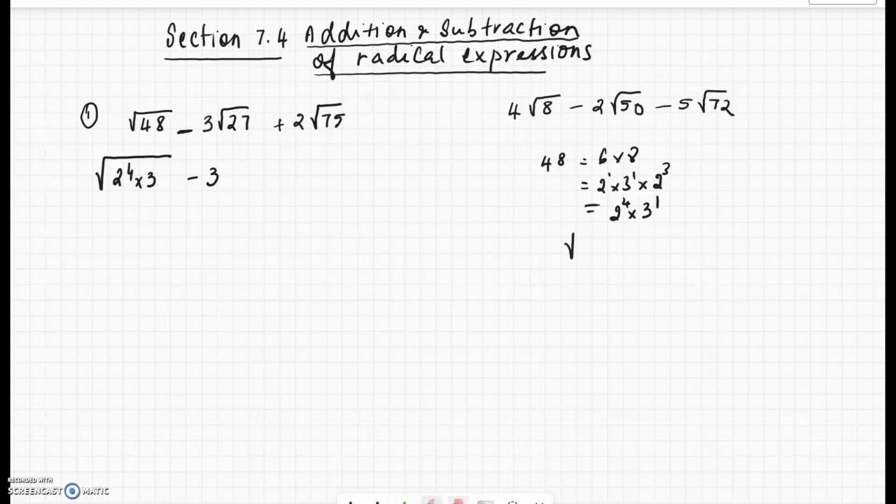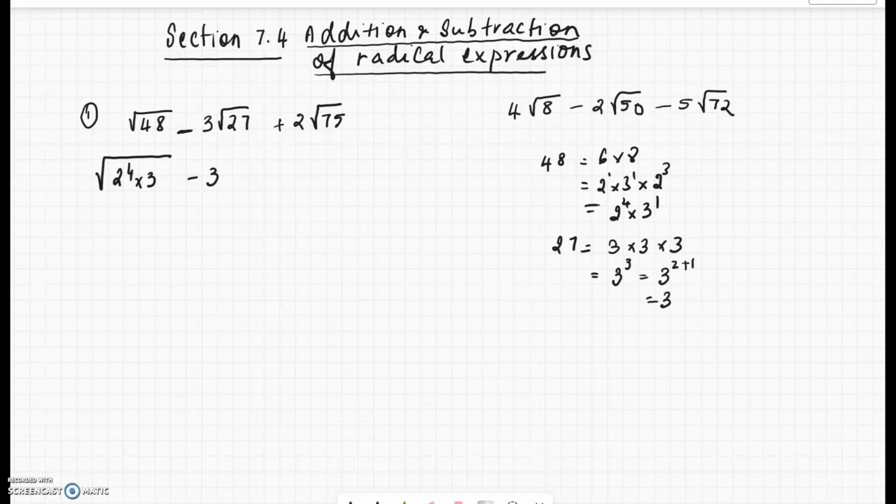I have a 27, which is equal to 3 times 3 times 3. 3 3's are 9, 9 3's are 27. So that's equal to 3 cubed. Now 3 cubed can be written as 3 squared times 3 to the 1, because 3 is 2 plus 1.